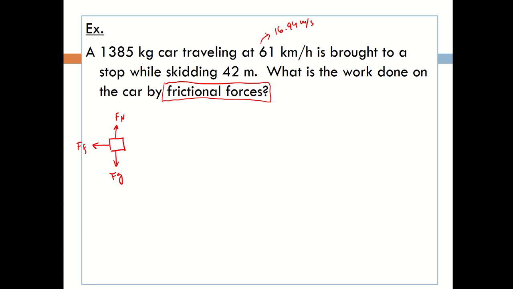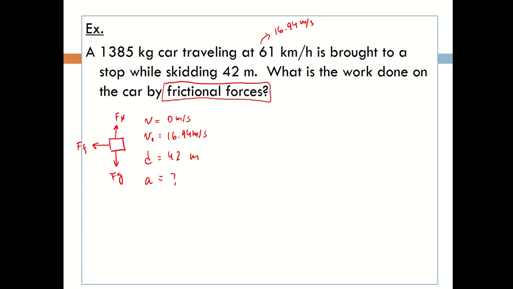So in order to find the acceleration, we have to use kinematics. So let's list what we know. We know that the car has to come to a stop, so the final velocity will be 0 meters per second. We know the initial velocity is 16.94 meters per second, so that's our v naught. We know the distance is 42 meters, and the acceleration is the unknown.